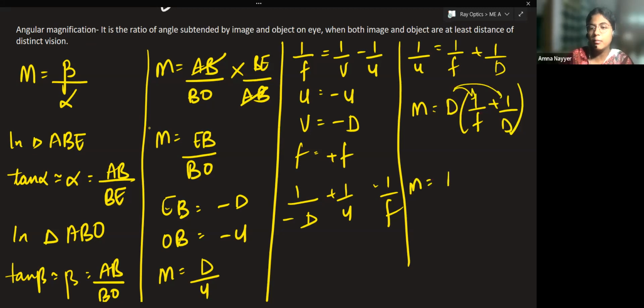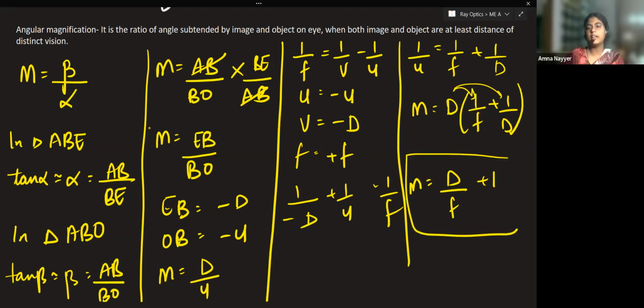Capital D divided by F plus D by D is 1 only. You get M is equal to D by F plus 1.